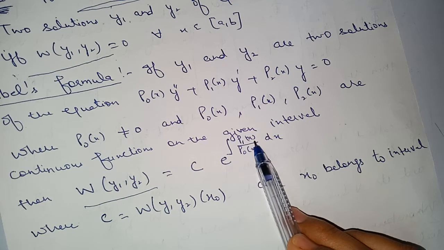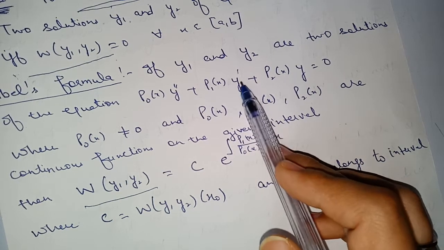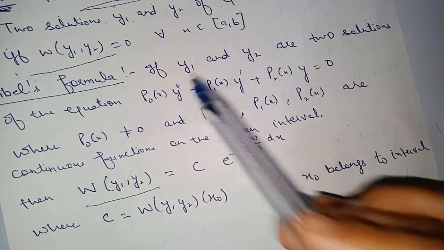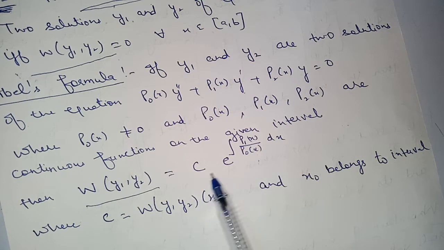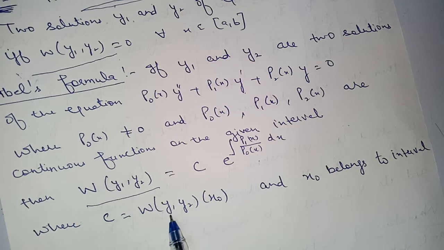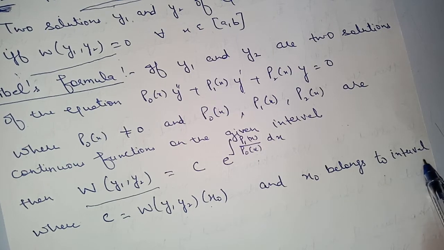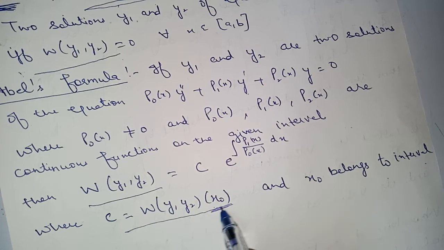Here p1(x) is the coefficient of y' and p0(x) is the coefficient of y''. So this is the Wronskian, where c is the Wronskian of y1, y2 at the point x0, and x0 belongs to the interval. Here x0 is given in the statement.